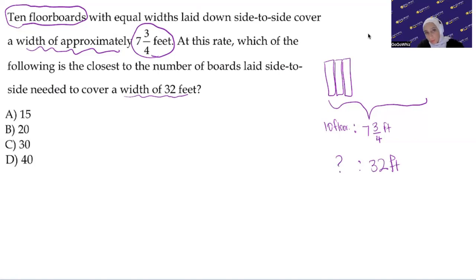We could use proportionalities here. We can divide this 32 by however many 7 3/4 can fit in it, and that would be however many sets of 10 floorboards.